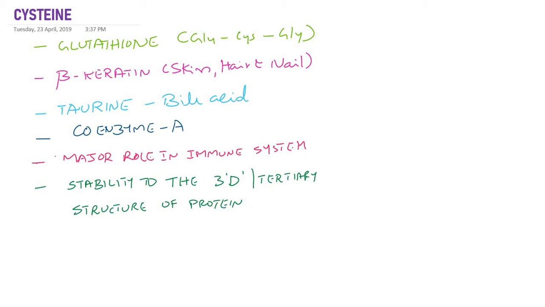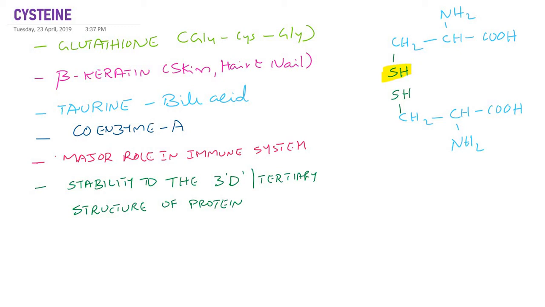So how does cysteine provide stability? When two cysteine residues combine together, so here I have one cysteine residue, and here you can see there are two cysteine residues, and both have a sulfhydryl group. This SH group or sulfhydryl group will combine to give a strong covalent bond called a disulfide bond.